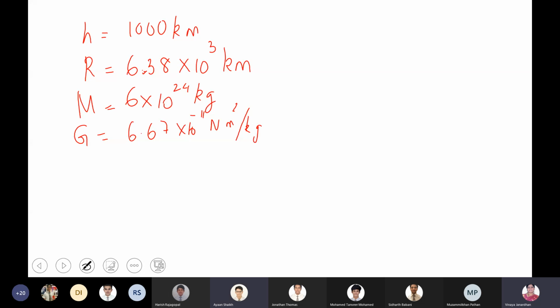Ma'am, what's that G after mass of the Earth? Gravitation constant. It remains constant anywhere in the universe. Now the question is, all these factors are being given. Now what you need to find is, find orbital velocity first.